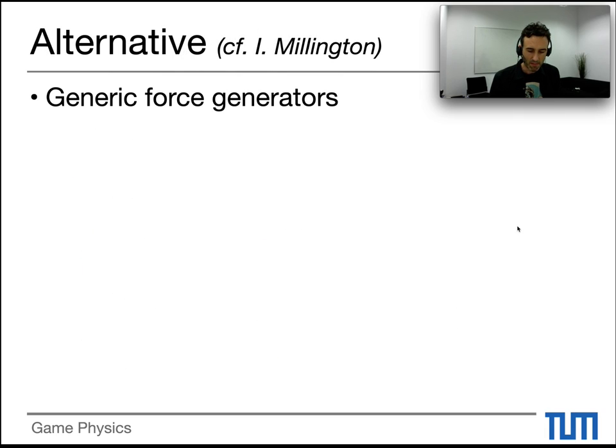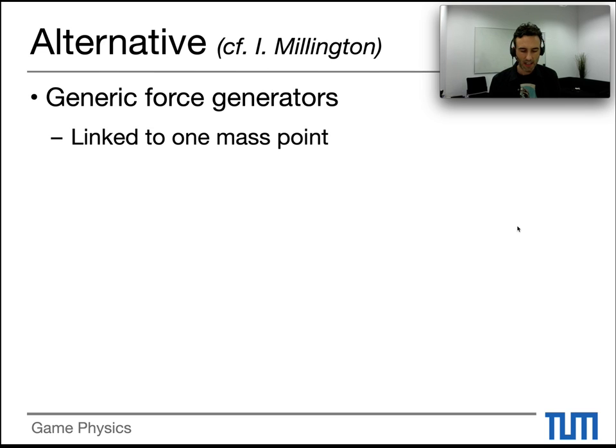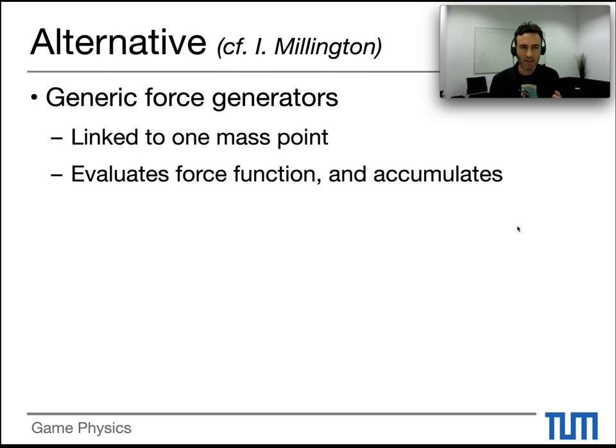Just to mention it, what's actually recommended in this Millington book is a slightly different way. He introduces per-mass-point force generators. He has a separate generator class that is basically registered at a mass point, and then each mass point queries and evaluates all the force generators that link to it.